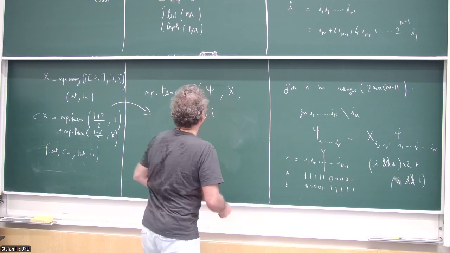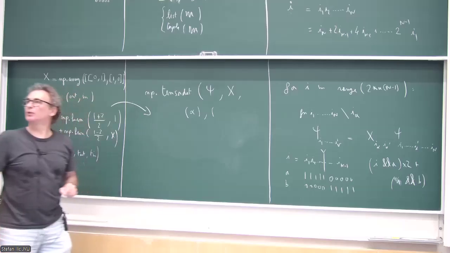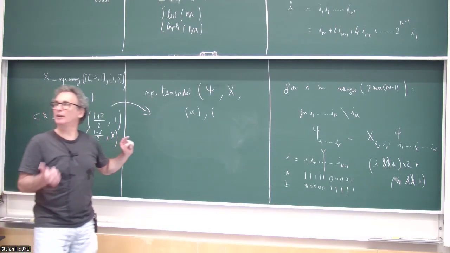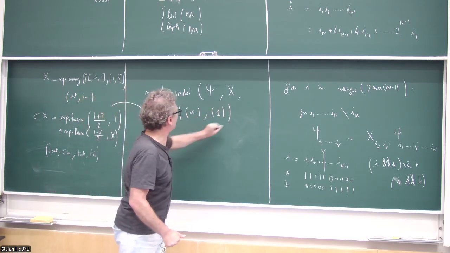And also here, we need to say which of the indices we want to sum for X, and we want to sum over the second one. So it's 0, 1, so the second one is 1. And then it's some tuple like this, I think.